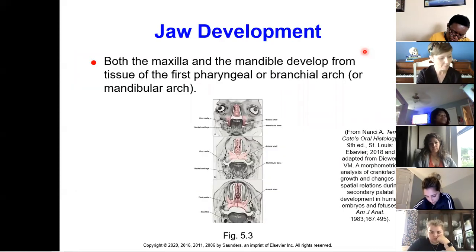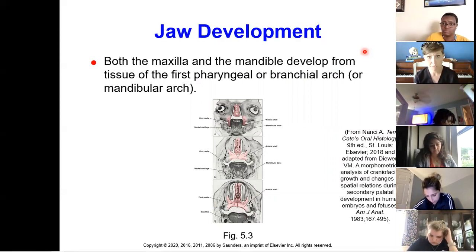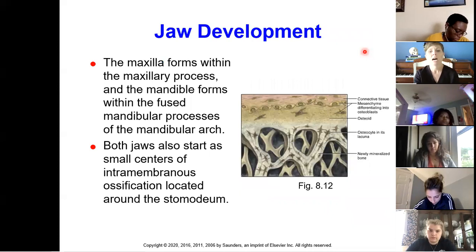All right, so jaw development. Both the maxilla and the mandible are developed by the first pharyngeal arch, right? We've already been tested on that. We can move on from that part. The maxilla forms within the maxillary process. The mandible forms within the mandibular process of the mandibular arch.